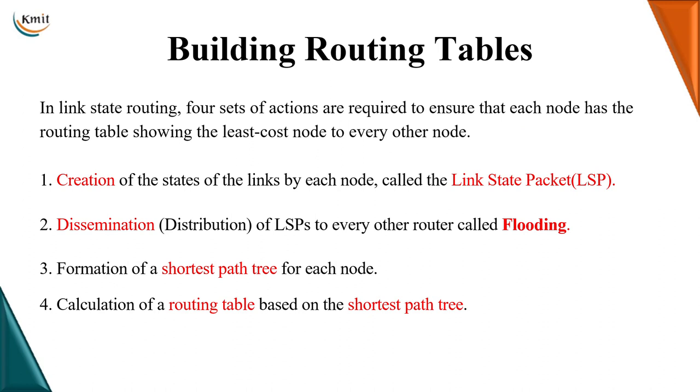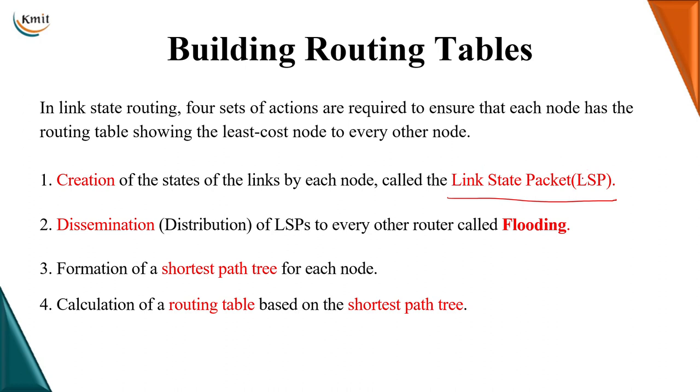How do we build the routing tables in link state routing? In link state routing, we have a set of four actions that ensure that each node has a routing table showing the least cost node to every other node. What are the four steps? First, creation of link state packets. We create packets called link state packets.